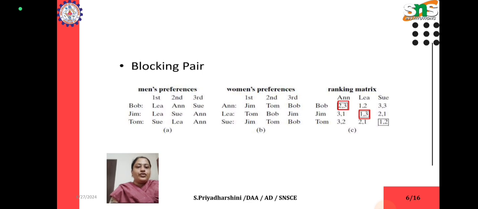In the same way for Shu, Shu is Bob's third preference and Bob is Shu's third preference, so it is 3, 3. For Jim and Anne, Jim's preference towards Anne is 3 and Anne's preference towards Jim is 1. So it is 3, 1. In this manner the ranking matrix would be done.